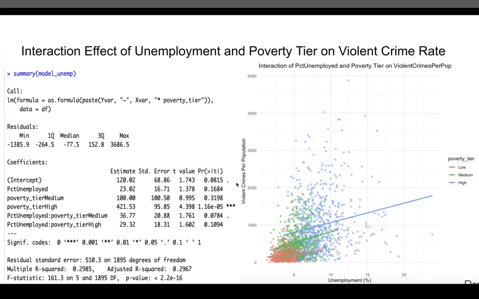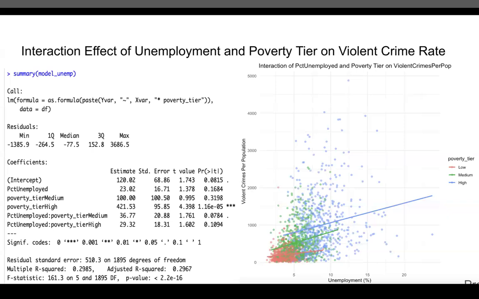So for the last part of checkpoint three, we see the interaction effect of unemployment, which is a continuous variable, with the poverty tiers, and the effect of both of these on violent crime rates.